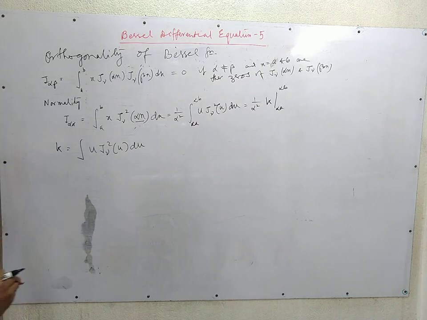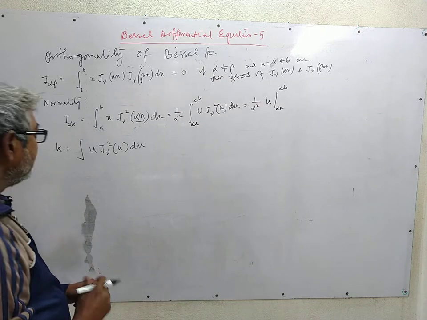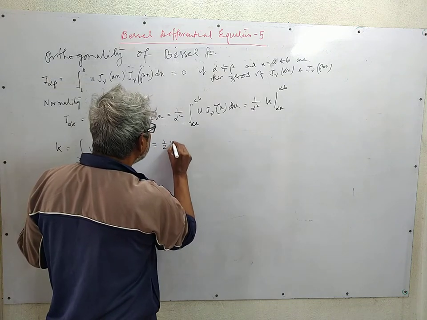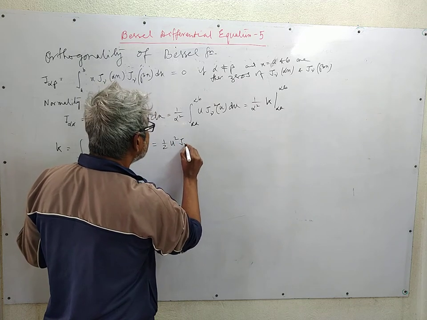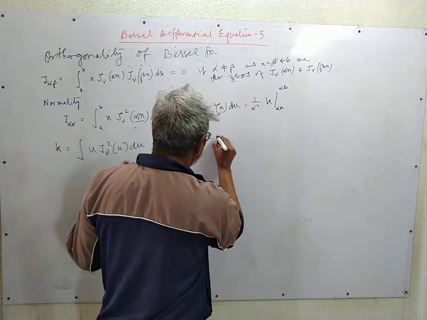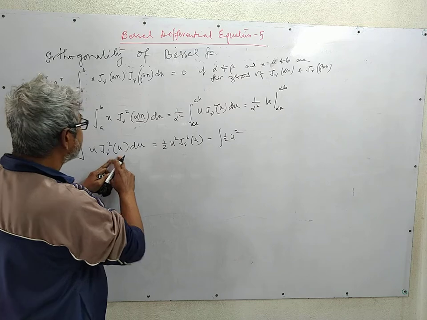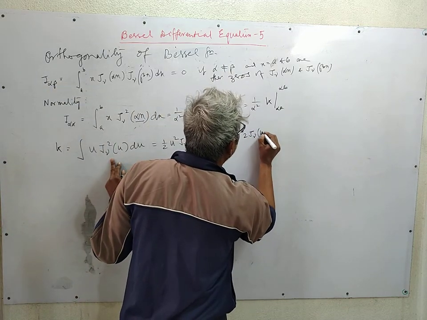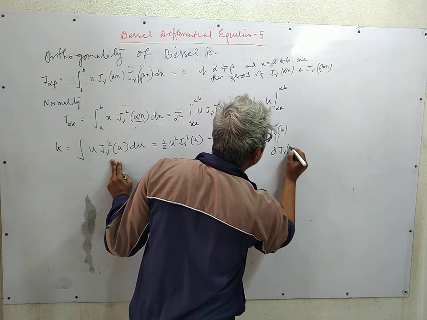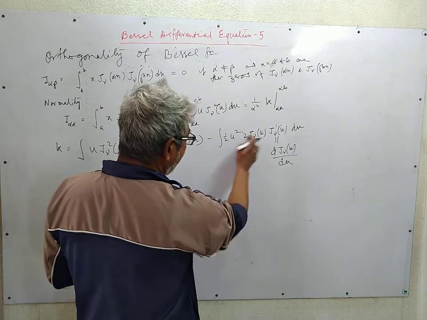Recall that the entire calculation will be performed in terms of u variable, and ultimately we will substitute the x. So this, if we integrate by parts, the first term is half u square J_nu(u) squared, and the second part is we integrate this. When we integrate this, this is half u square, and when we differentiate this, we get 2 J_nu(u) and J_nu prime of u, where J_nu prime is dJ_nu(u)/du. This differentiation is with respect to u, and these two half factors cancel out.